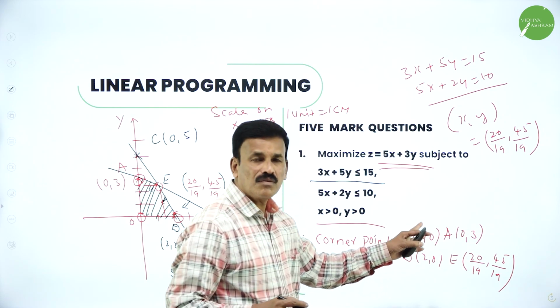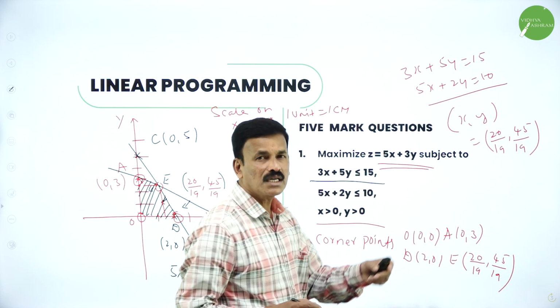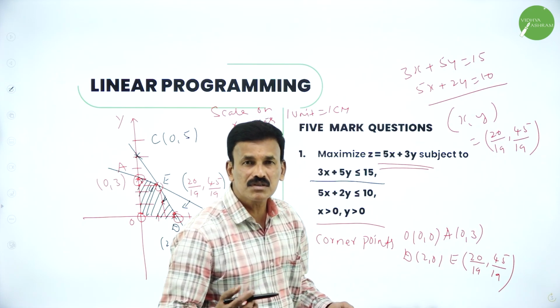Now substitute all these values of the corner points in the objective function and find which is maximum. That will give us the final answer.